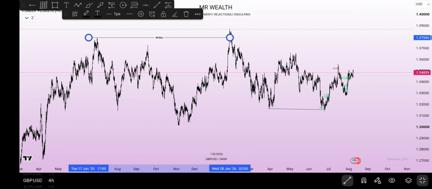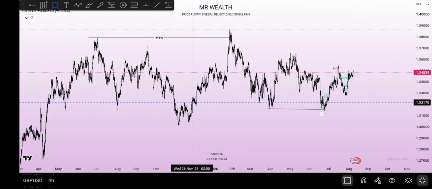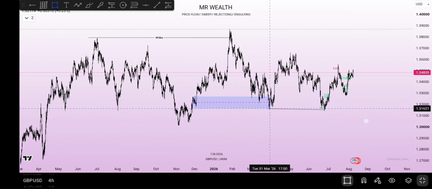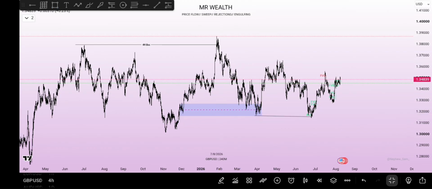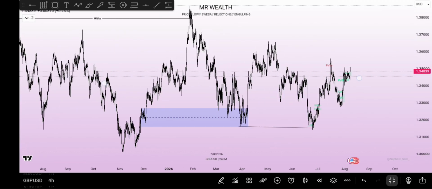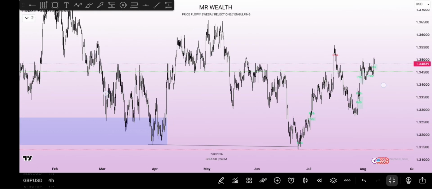You can see that it came down, bought from somewhere here, bought from somewhere there, and went up. So I want to teach you guys another one; it's still the same swing entry.